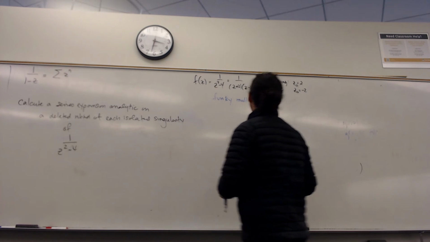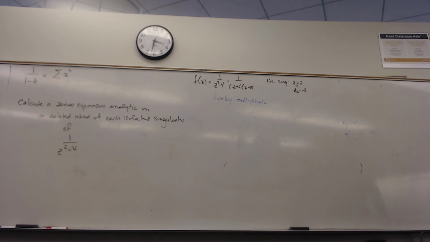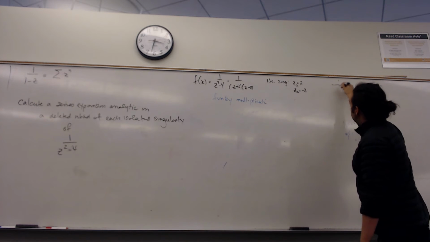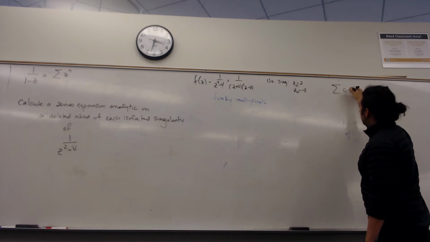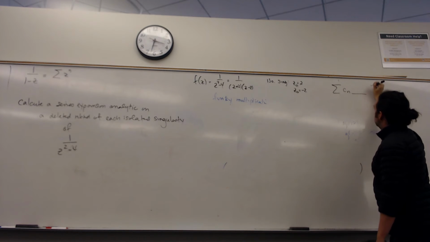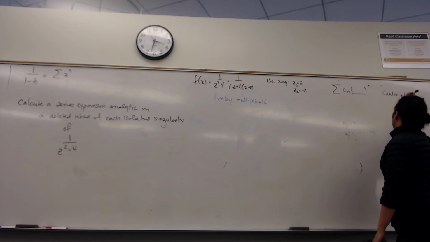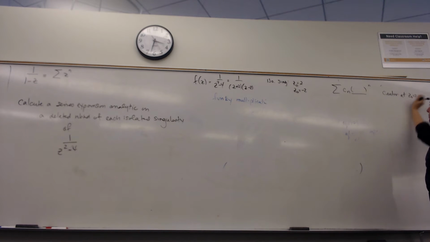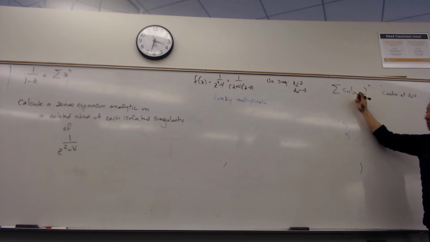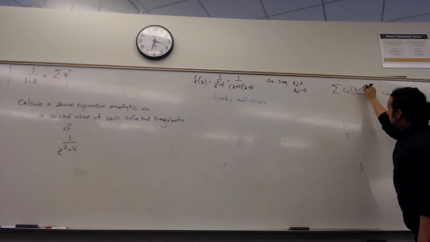So what is the goal if I'm trying to write a series that is centered at z0 equal to 2? What will the terms of the power series look like? What is the variable term going to look like? I'm going to have some series with some coefficients. What should go right here, raised to the n power, if I have a center at z0 equal to 2? z minus 2, right?